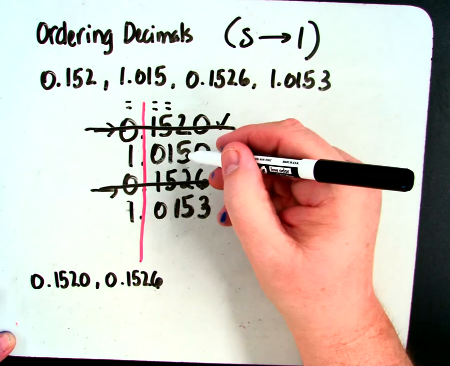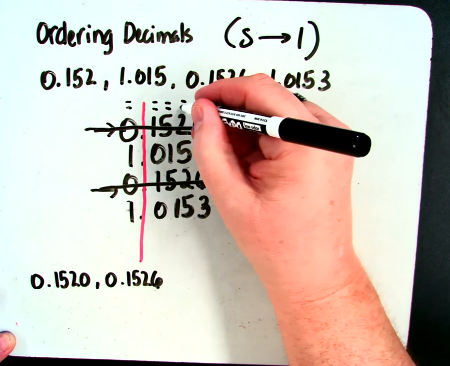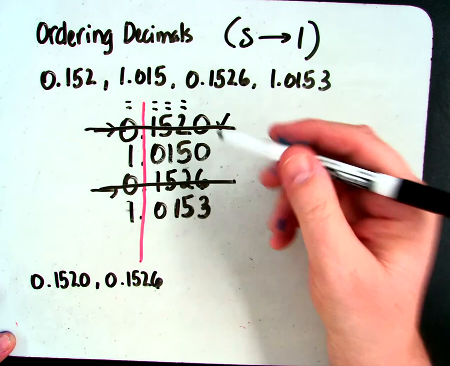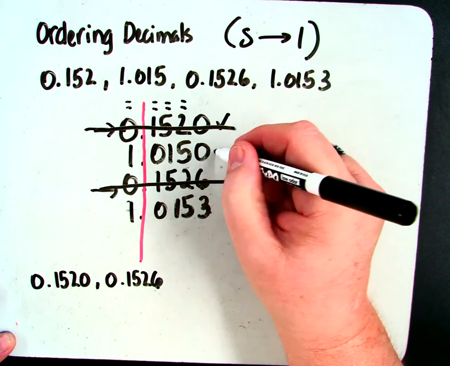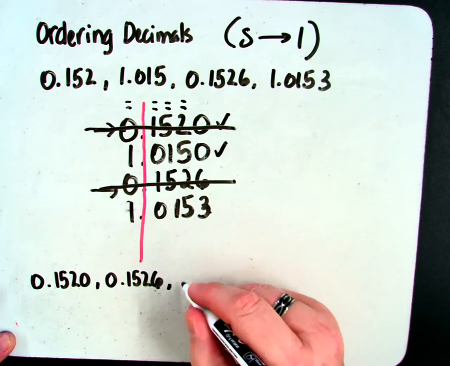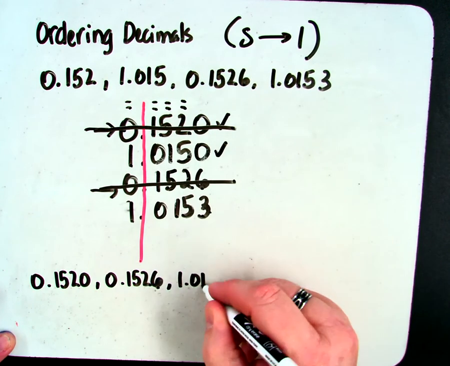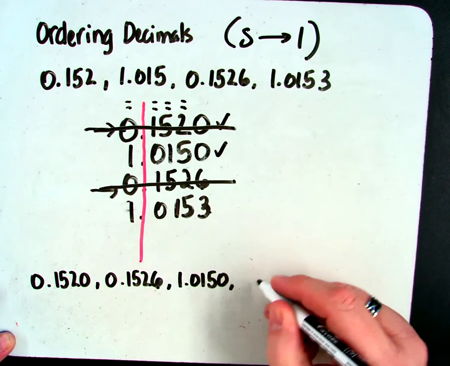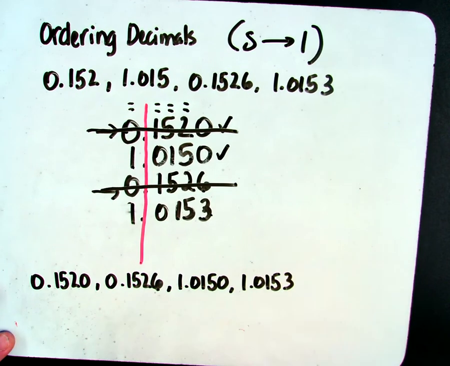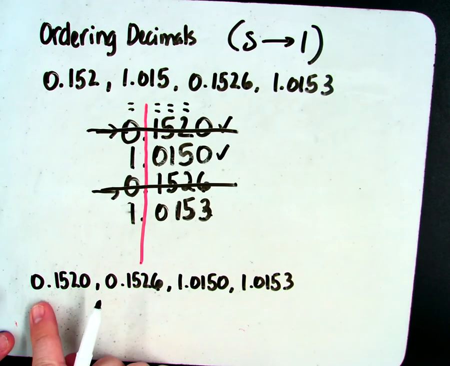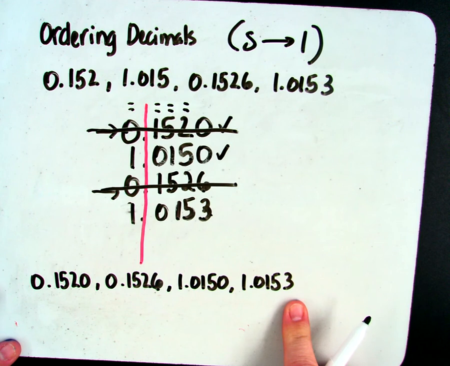The next column is a 5 and a 5, equal. The next column, a 0 and a 3. Of the two, this is a smaller number. So here you have your decimals ordered from smallest to largest.